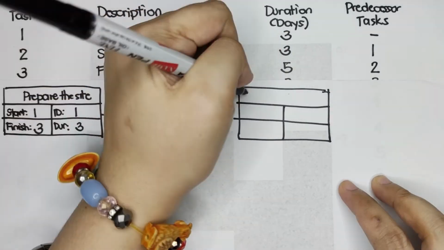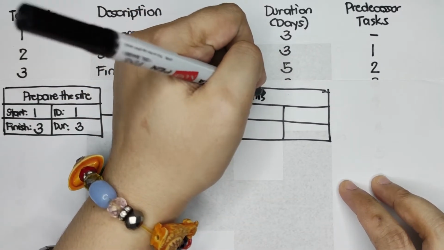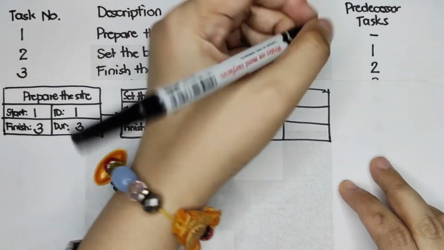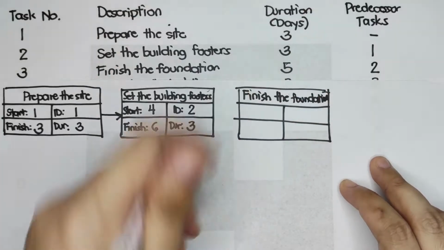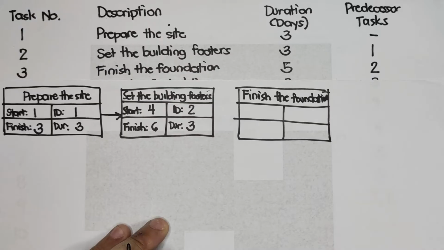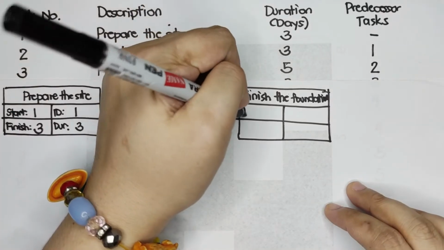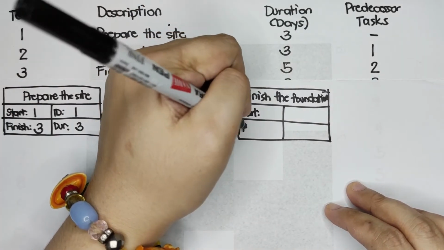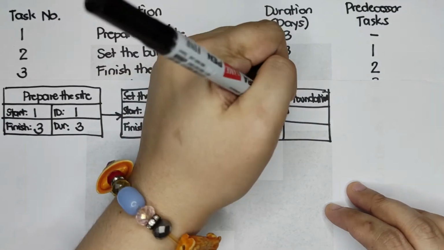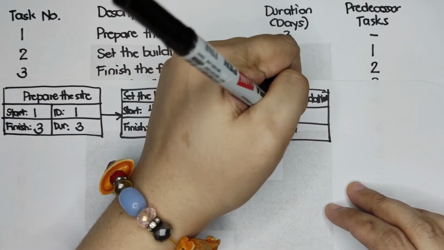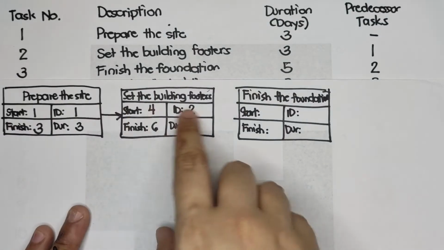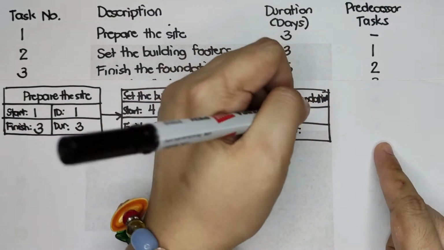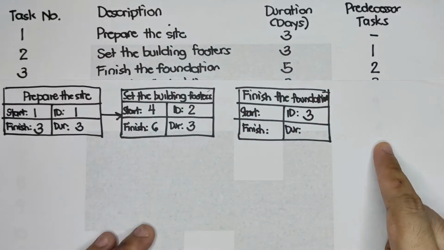Finish the foundation. Okay, start, finish, ID, and then duration. So finish the foundation is ID number 3.